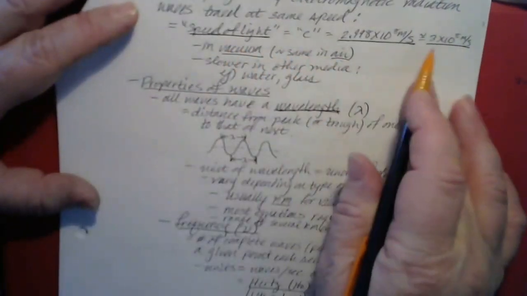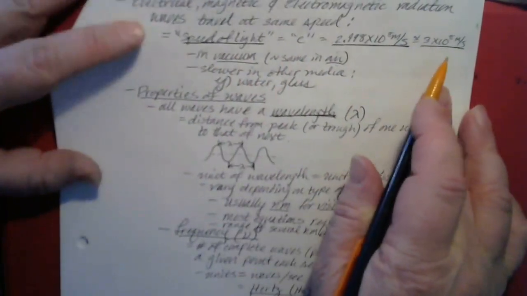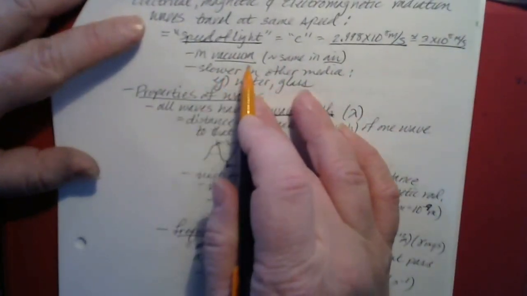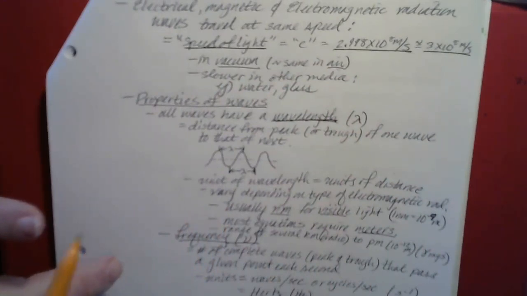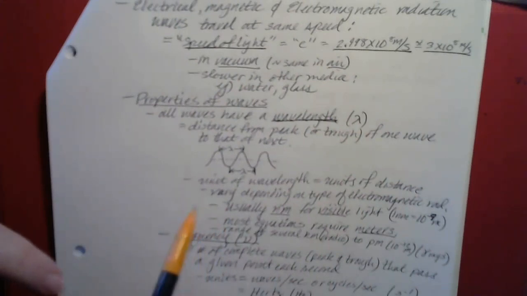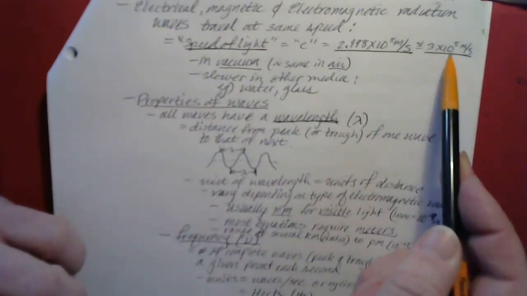The speed of light is 3 times 10 to the 8th meters per second in a vacuum, but it's about the same in air, and it can be significantly slower in other media. So the speed of light depends on what the light is passing through. If it's passing through a vacuum, which is essentially nothing, then it'll be 3 times 10 to the 8th meters per second.